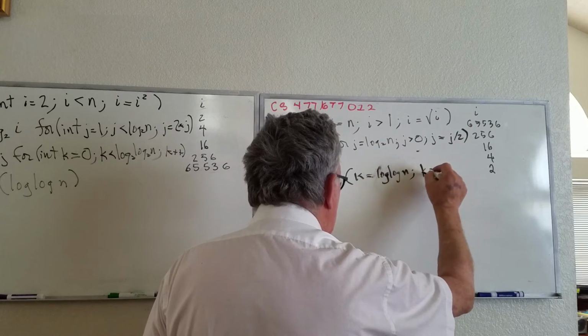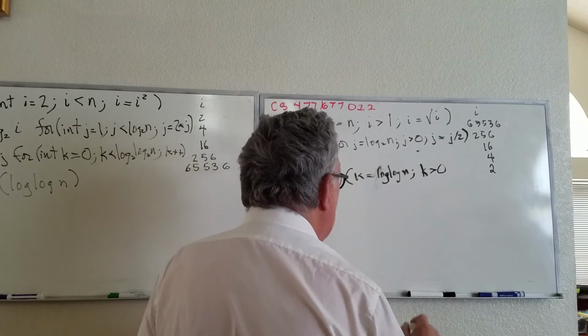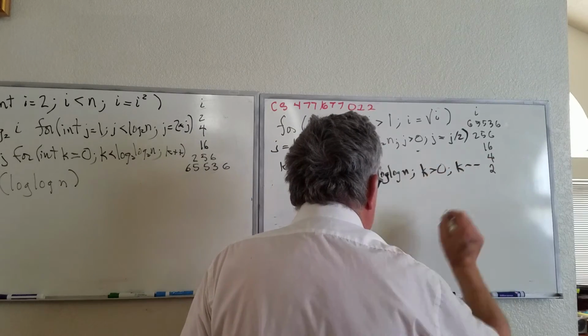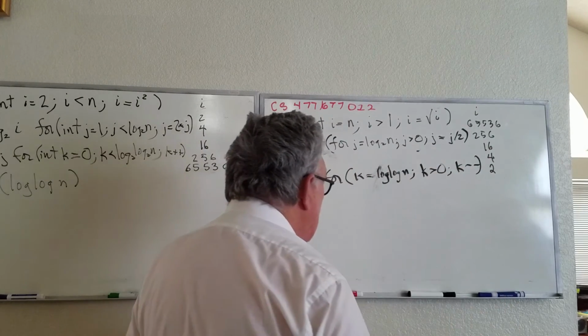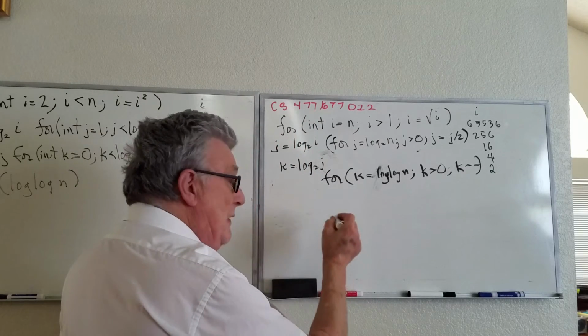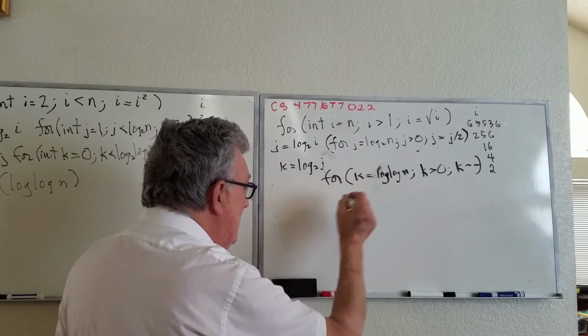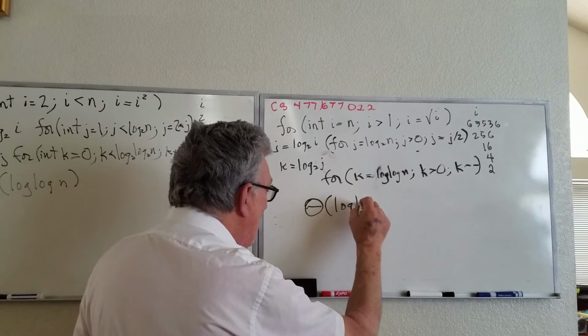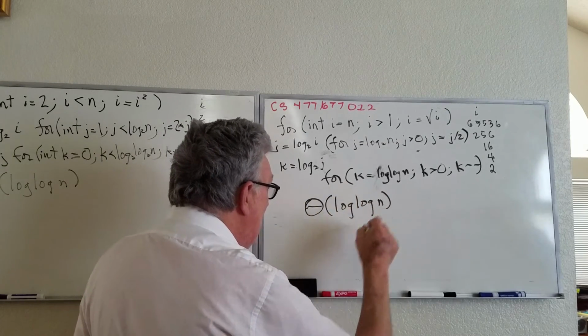It doesn't exist, so I guess I'm going to have to be stuck with that. And then k minus minus, because I'm decreasing it every time. So we already know that this is a linear for loop, so the answer is theta log n, just like the other one.